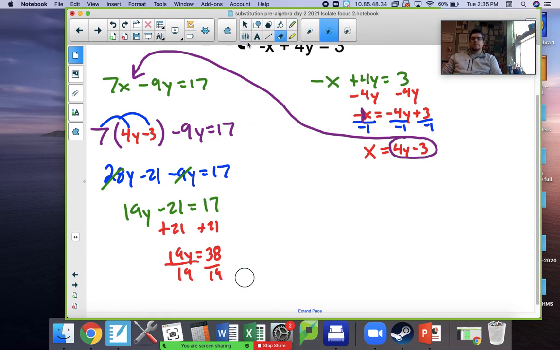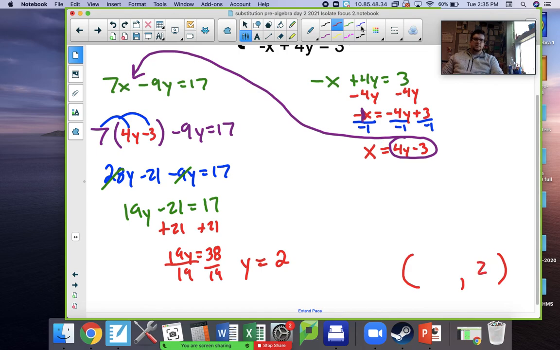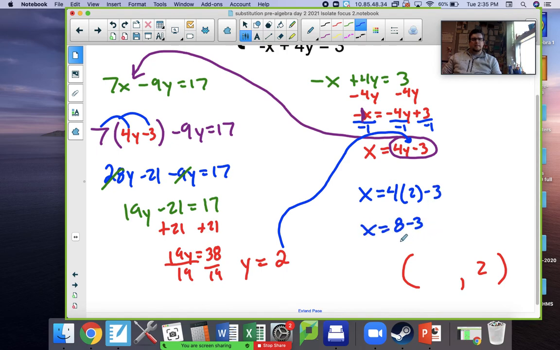Still y. Just so used to writing x. Y equals 2. There's half of our answer. So we're going to take that 2, we're going to plug it in right there, a second substitution, and x is 5.